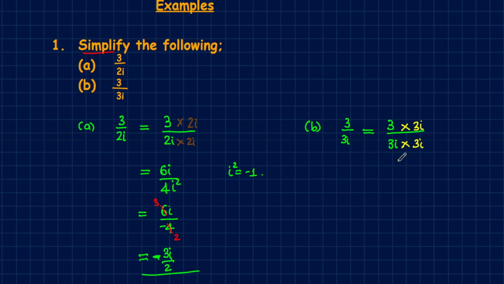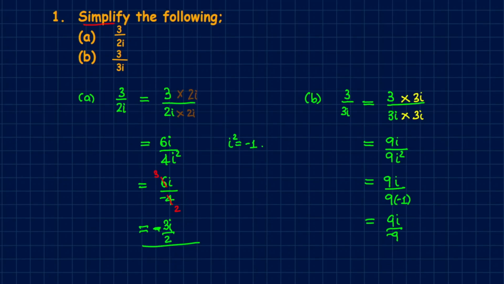From here, we do the multiplication in the numerator, where 3 times 3 gives 9, with the i attached. In the denominator, 3 times 3 also gives 9, and i times i is i squared. So we have 9i from the numerator, and this time let's replace i squared by -1 directly, and we get 9i over -9.